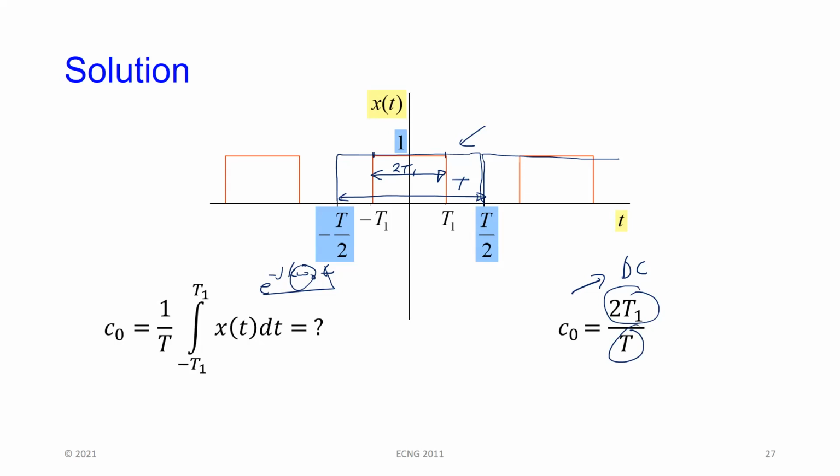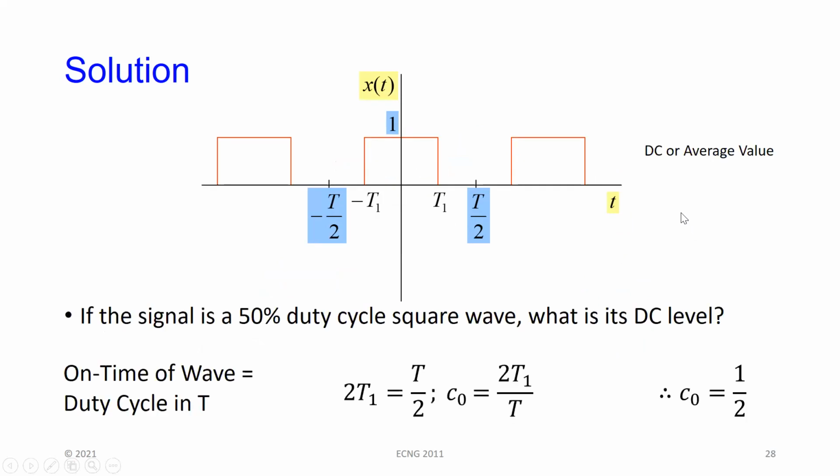And in fact, this is used extensively in electronics, in communications, to do something called pulse width modulation. Okay, where you vary the width and you use the DC level as a sort of signaling tool, right? So if it is a 50% duty cycle, meaning that the wave is on half of the time, instinctively you would see that the DC value should be around half.